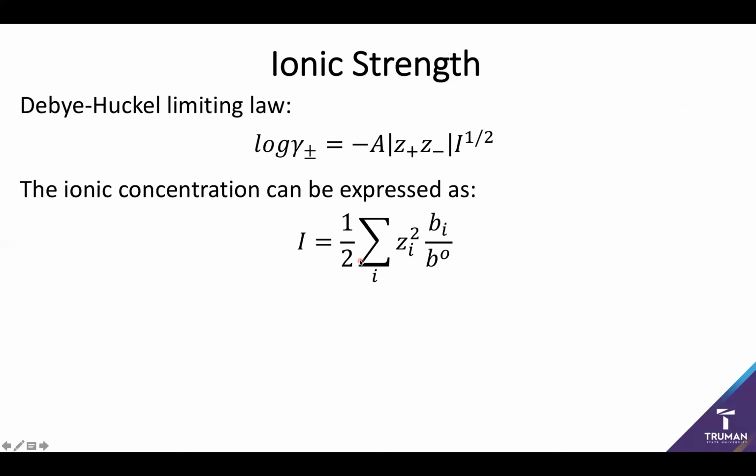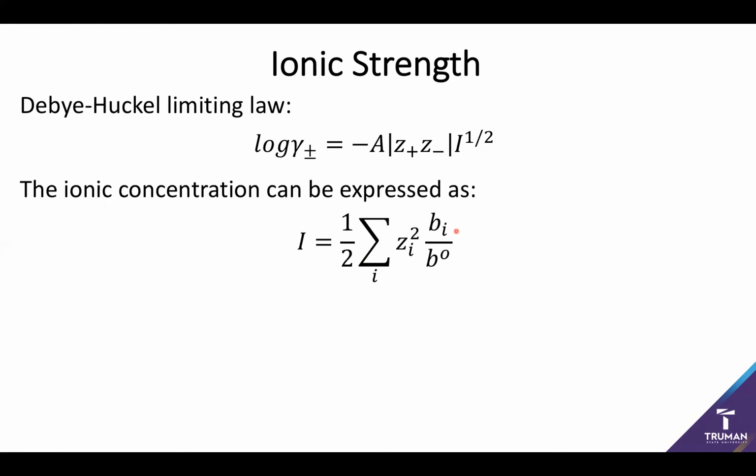So what we can do is obtain this value more or less by taking a sum of the molality of each of our components divided by essentially a normalized molality, in this case 1 molal, essentially as a form of unit annihilation. And then we're going to multiply this by the charge of that ion squared. So again, the greater the charge, the much greater the import of that ion.